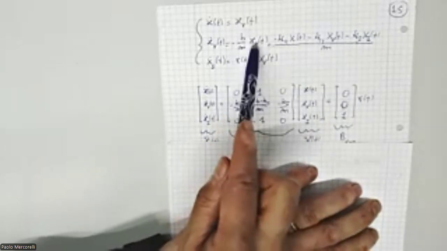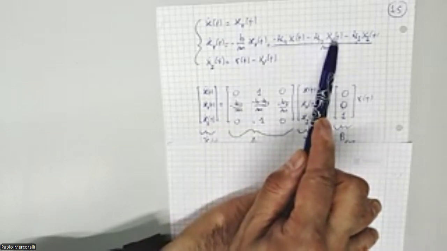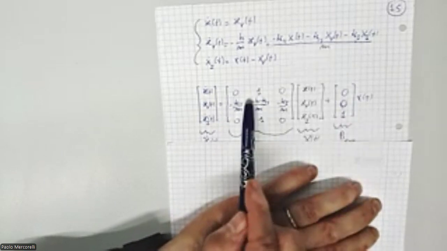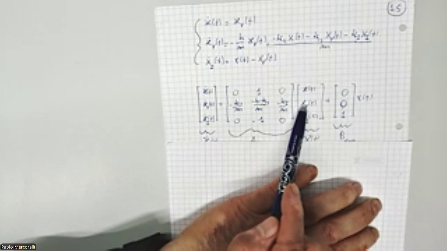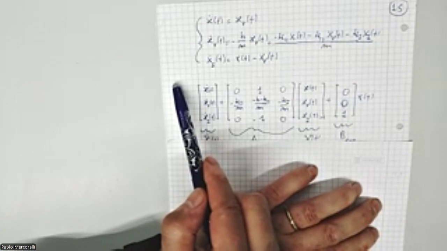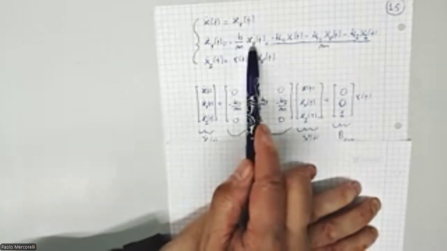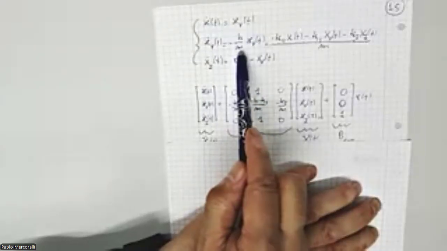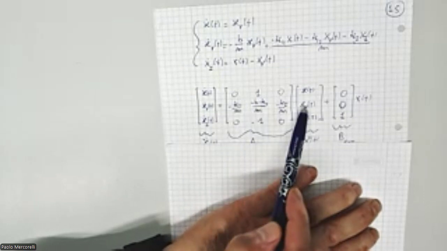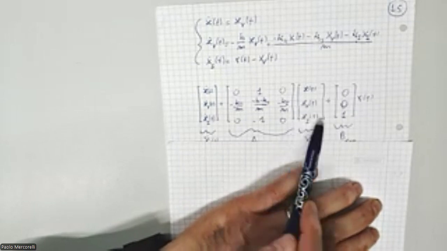We have minus b divided by m xv, and minus k12 multiplied by xv divided by m. This element translates the contribution of xv in this form. I don't know if it's visible. Minus b divided by m is here, we will multiply by xv, and minus k12 divided by m is here, which will multiply by xv.